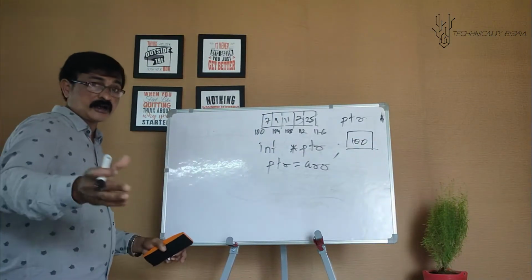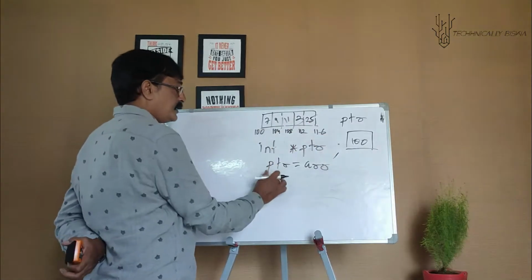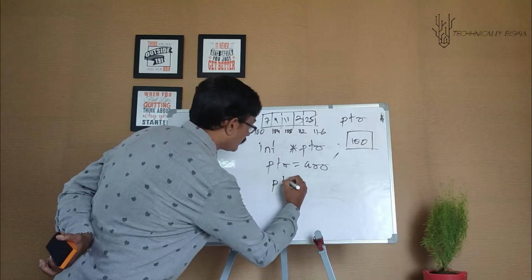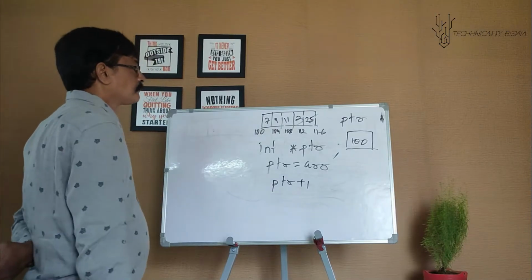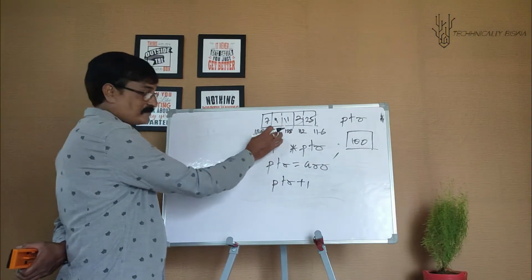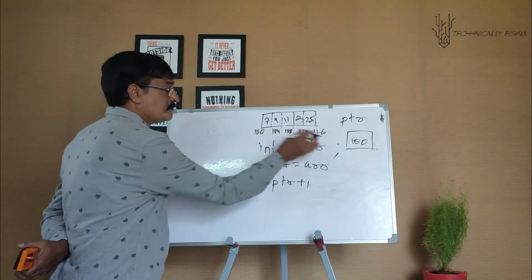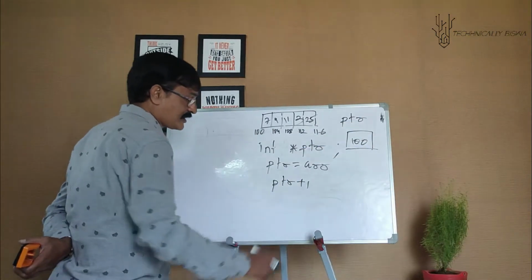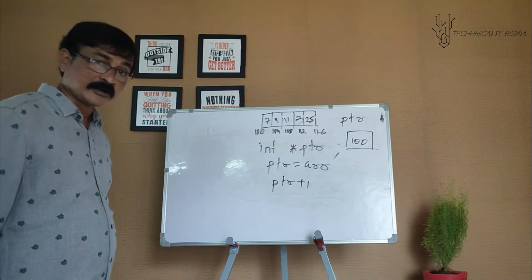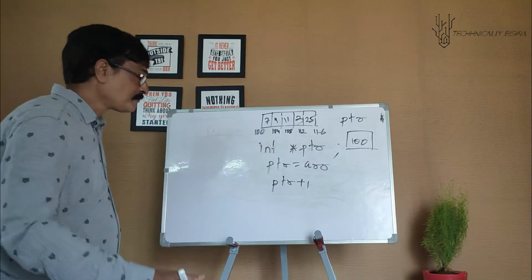Now let's look at the arithmetic that we can do. If I say ptr plus 1, what do I get? 104, because it will be ptr, which gives you 100, plus 1 into scaling factor. Got it? 104.